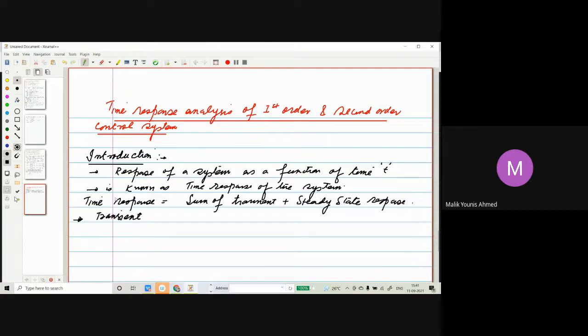We'll call them the transient response and the steady state response. Now, transient response in a control system is defined as the part of the time response that goes to zero as t tends to infinity.